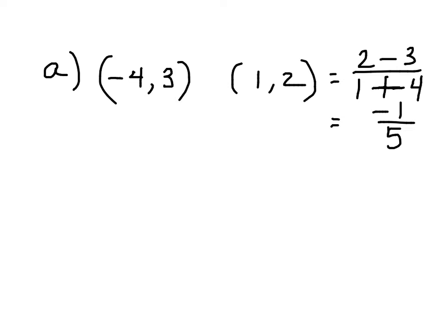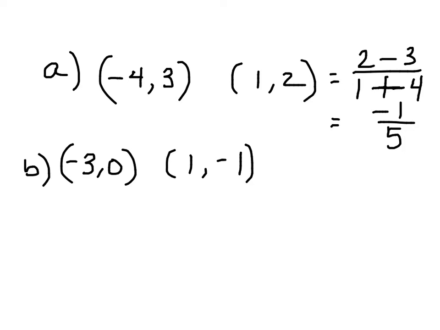Line B has the ordered pairs (-3, 0) and (1, -1), sorry. I'm going to do the same thing. What's the second y in this problem? -1 minus, what's the first y? 0 over, what's the second x? Minus, okay, that bottom turns into a positive.